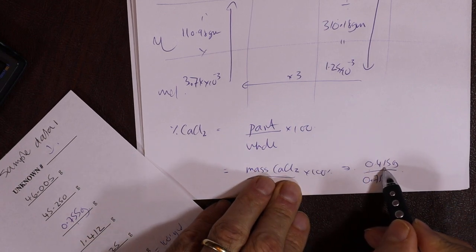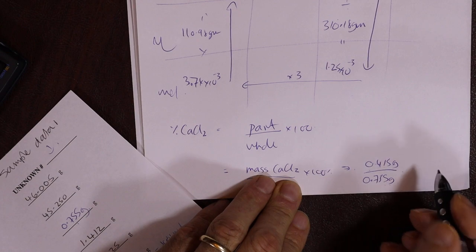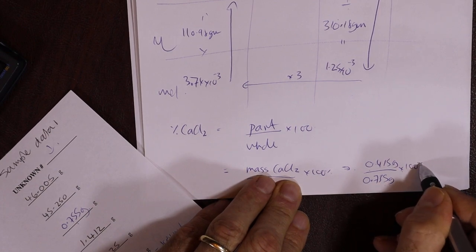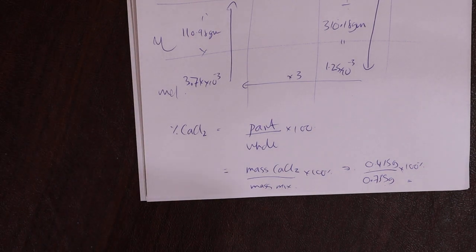So 0.415 grams out of 0.755 grams, times 100 for a percent equals, let's do this math real quick, 0.415 divided by 0.755 equals, wow, if you round up, 55%.